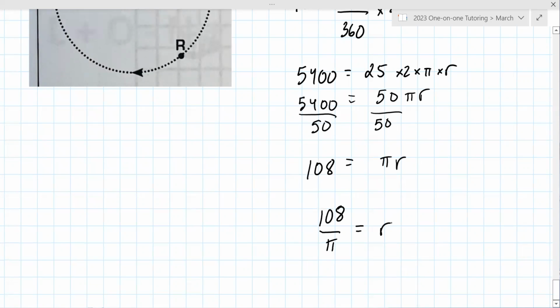Or you can go to your calculator. You just want to round maybe to like 4 decimal places. So 108 divided by pi for the radius is 34.3774.